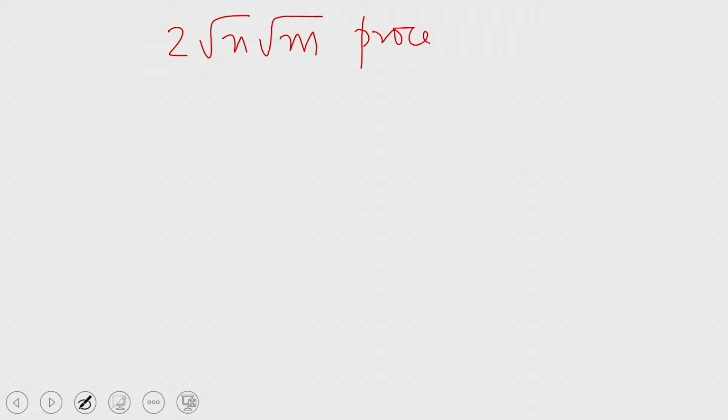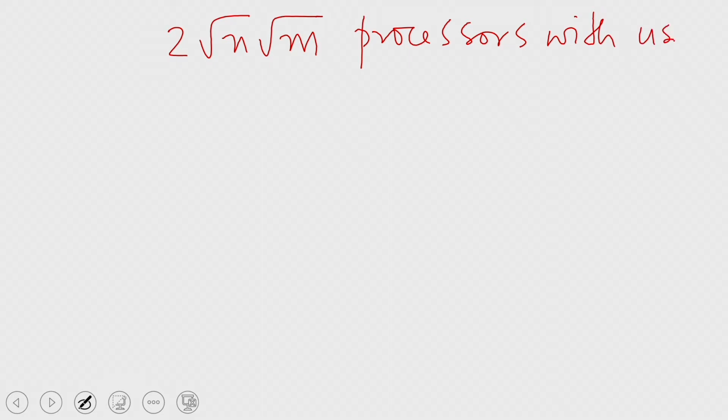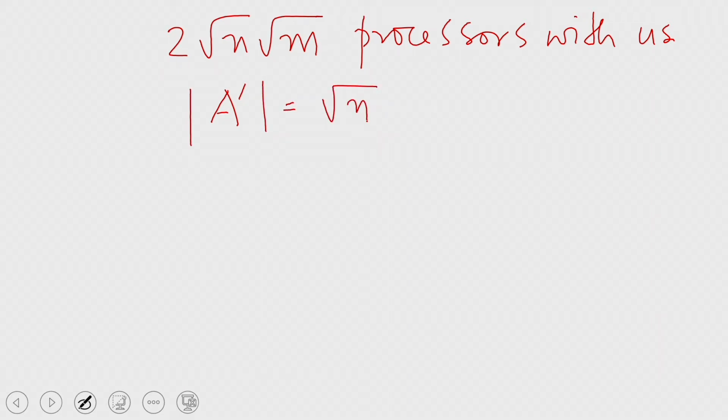So, in particular we have 2 into square root of n into square root of m processors with us. We have square root of n leaders from A and square root of m leaders from B.